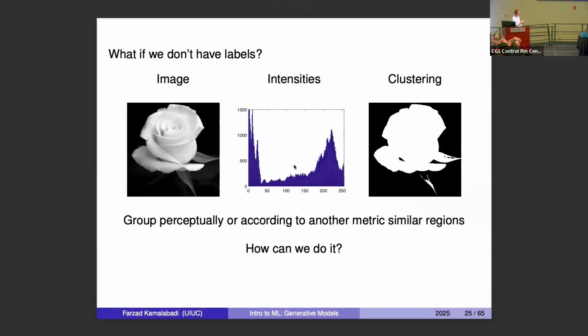So here's another example. You have this image, and of course you can generate the brightness histogram. If this is a grayscale image with 8 bits, you have 0 to 255, and that's the range. This corresponds to low grayscale, this is black and white, and the gray, which is these leaves, is somewhere in the middle.